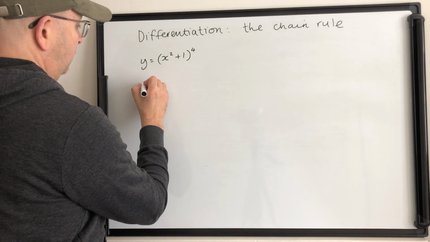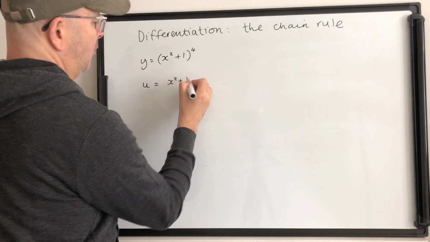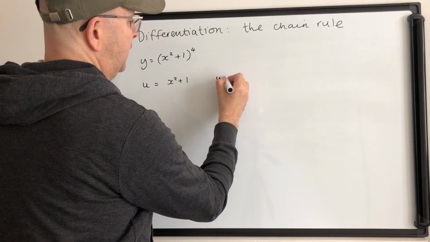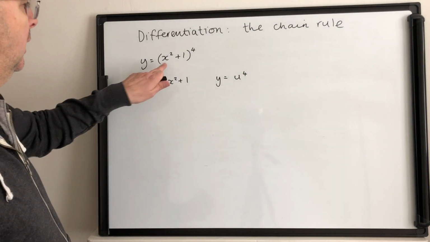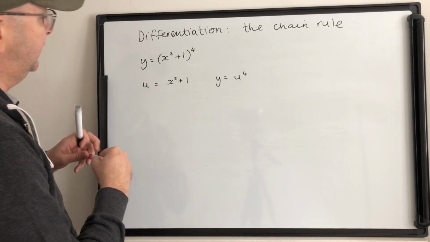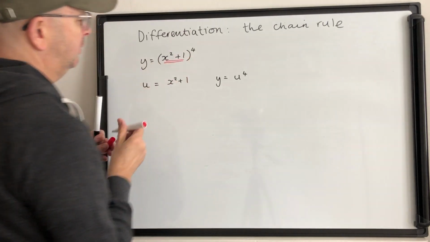So you start with saying u = x² + 1. So y = u⁴. So you put a variable for the middle of the function. So this here is going to be our u.